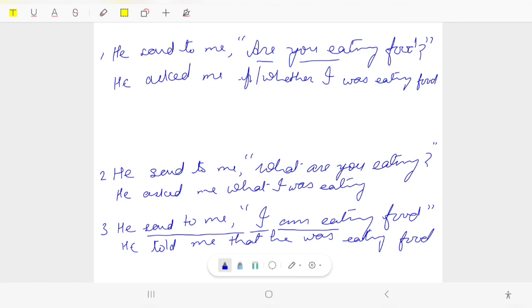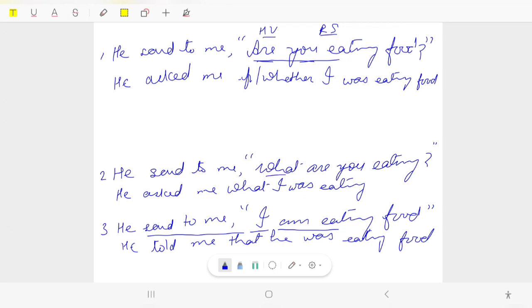We discussed assertive sentences, but there are four more types of sentences, so we change according to that. Now observe here what is given in this part. "Are you eating food?" It's an interrogative sentence, beginning with a helping verb.